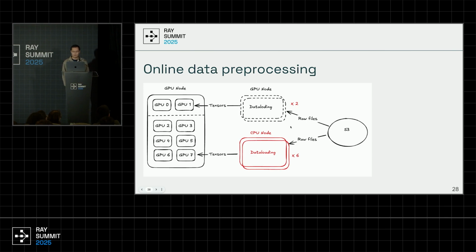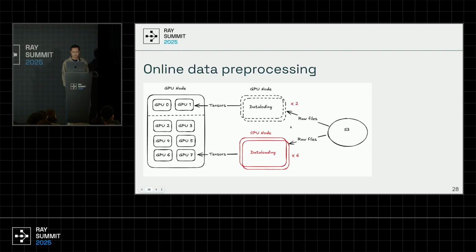This achieves a one-on-one mapping between GPU and data loading workers and simplifies the network topology. Finally, Ray allows us to horizontally scale the data loading by just adding more CPU nodes to the cluster, perfectly solving our network and CPU challenge to handle even larger raw data sets.